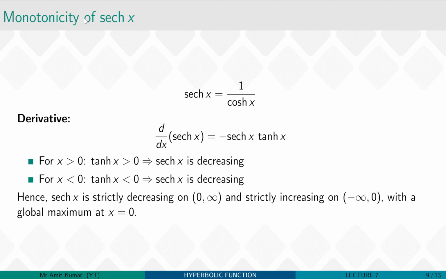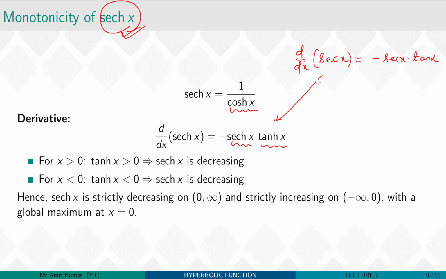Now, the monotonicity behavior of sech x. Basically, sech x is equal to 1 by cosh x. Then the derivative of sech x is equal to minus sech x into tanh x. Okay. Similarly, we know that the derivative of sec x is minus sec x into tan x.